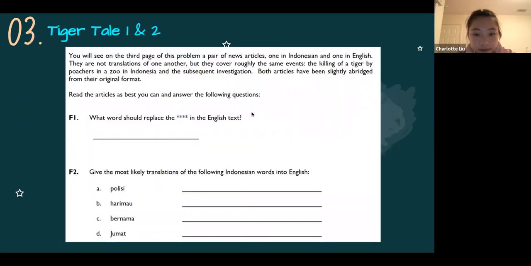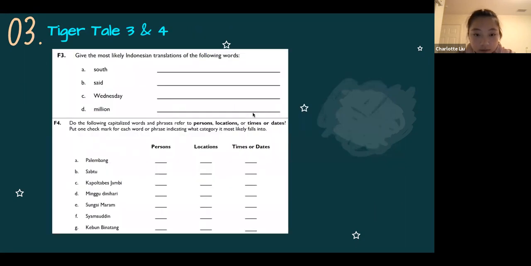So we're basically given, okay, so I'm gonna send the link because I don't think the articles fit in the slides. So if you look at that link on the last page, there's going to be 2 articles. One is in Indonesian and one is in English.